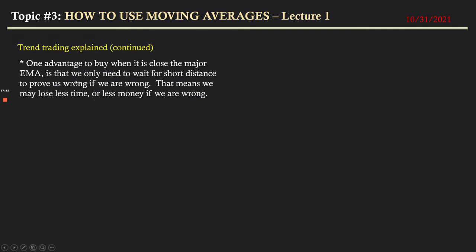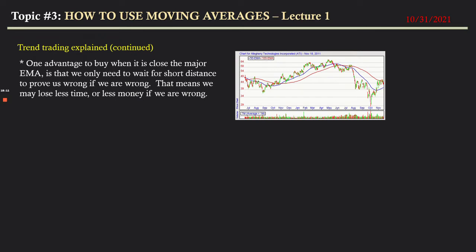Now, one advantage to buying when it's close to the major EMA is that we only need to wait a short distance to prove us wrong if we are wrong. That means we lose less time and lose less money if we are wrong. See, for this example, there's a point B there, and a point C there.